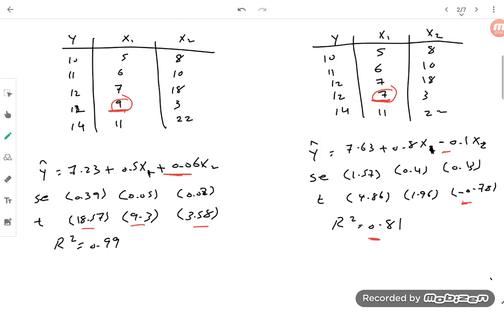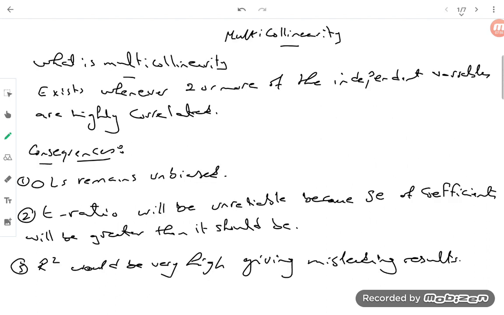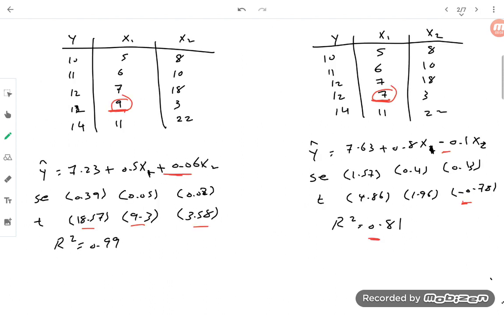As a result, if there is any change in the observation, this will affect the parameters and r squared, and will affect the reliability of the results. So in case of the existence of multicollinearity, we will not be able to trust the estimators. We are not able to trust the value of the parameters.